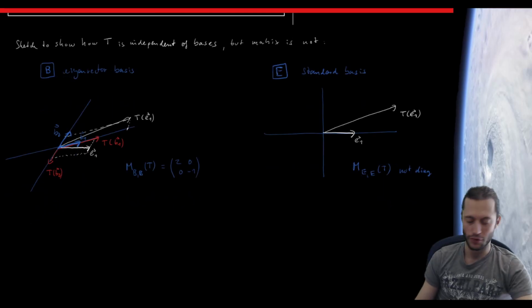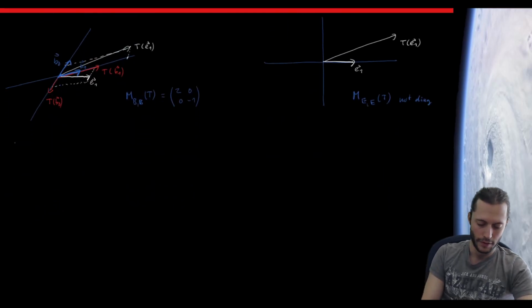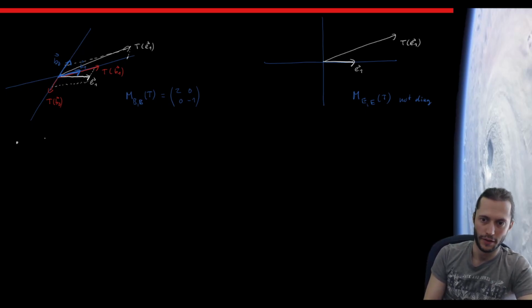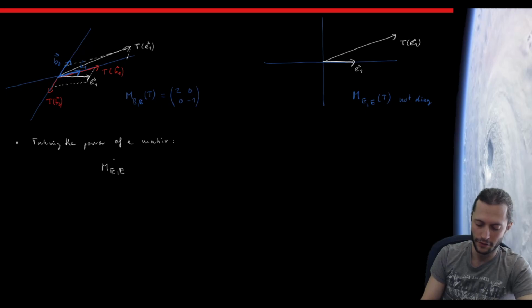I want to keep this quite short, so I will do one more example, which we also had in chapter 3 before, taking the power of a matrix. So let's say you have this ugly non-diagonal matrix with respect to the standard basis.